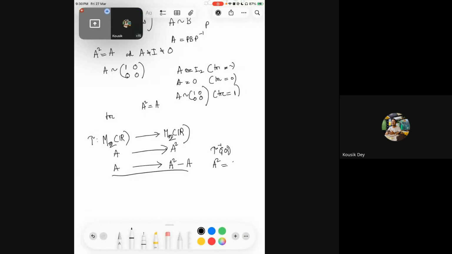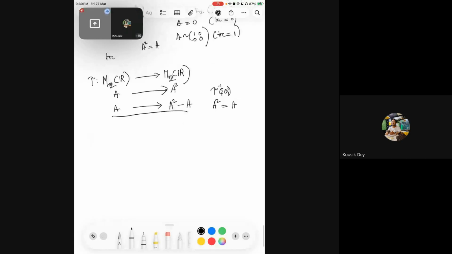That is, A squared equal to A, right? Yes, exactly. So you gave me a continuous map T whose inverse image of zero is S.